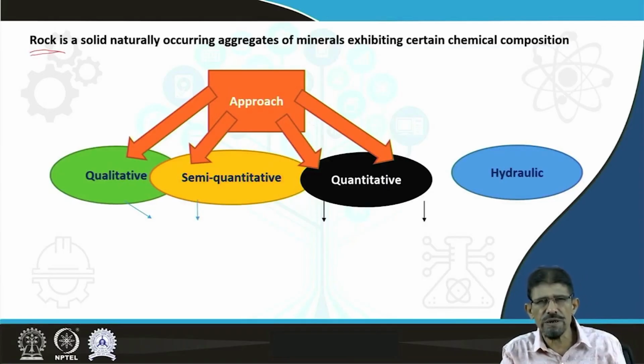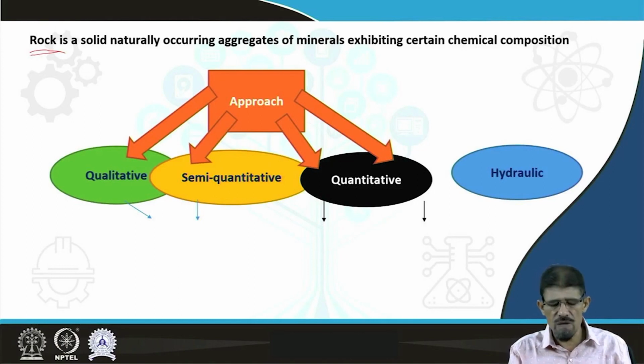As far as rock mass classification is concerned, we have the concept of rock. Rock is a solid, naturally occurring aggregate of minerals exhibiting certain chemical composition and, in our view, possessing certain mechanical and hydraulic properties.